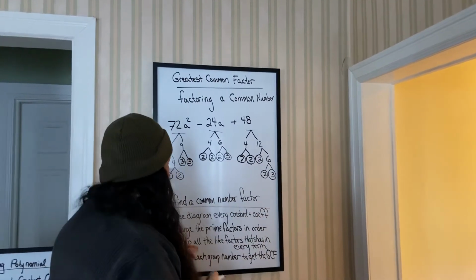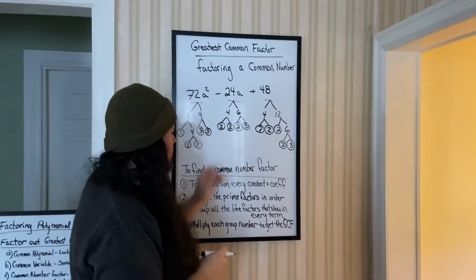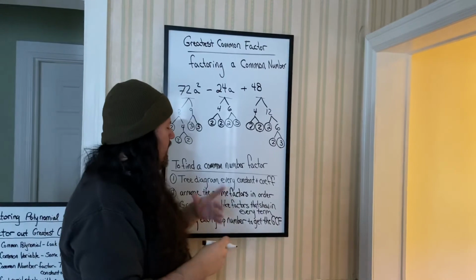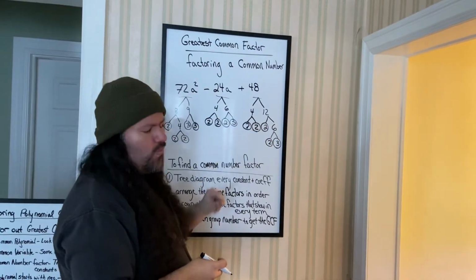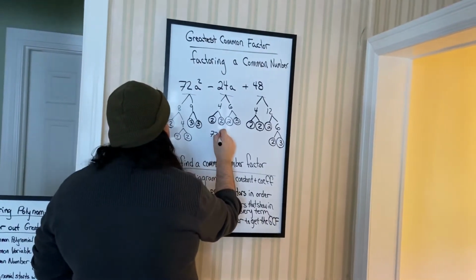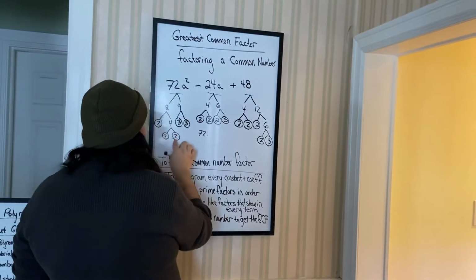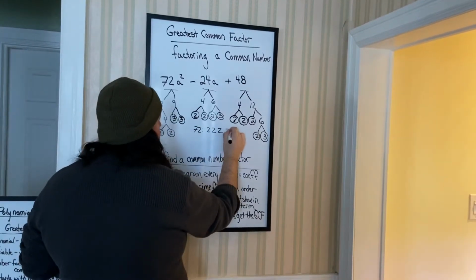So now that I broke down every constant, the 48 got broken down, and the coefficients, now we're going to just arrange our prime factors in order, because everyone might have a different order. So for us, I have 72. Let's see. 3 2s. 1, 2, 3, and 2 3s.